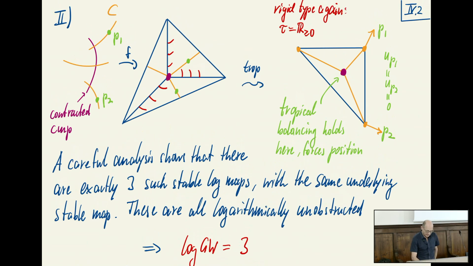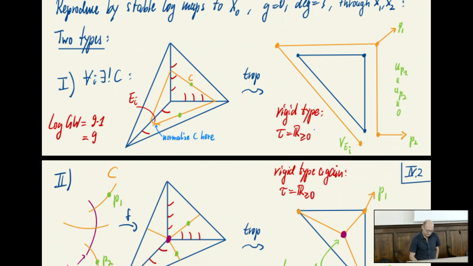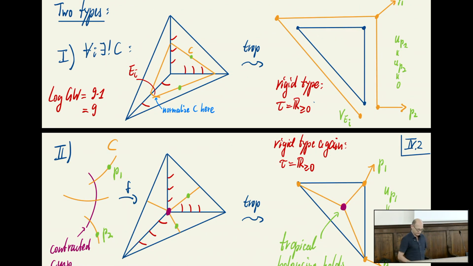Okay, what is remarkable and why I'm giving this at this point is that both of these tropical curves are rigid. So you see that we managed to split our Gromov-Witten count by looking at rigid tropical types. So rigid means it doesn't move. Yeah, you can't deform.